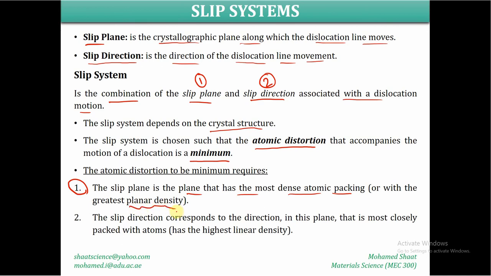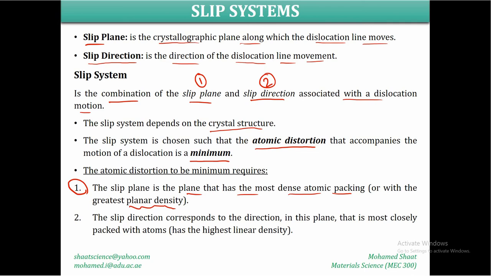And we practiced in chapter 3 how we can calculate the planar density for any material, right? So what is the planar density? It depends on the number of atoms distributed over a specific crystallographic plane of the crystal divided by the area of this plane. So this planar density describes how dense this plane is filled with atoms.